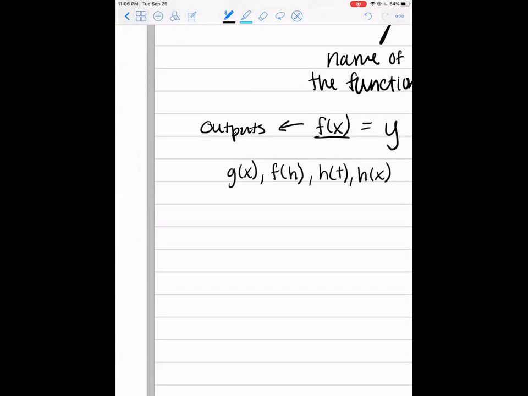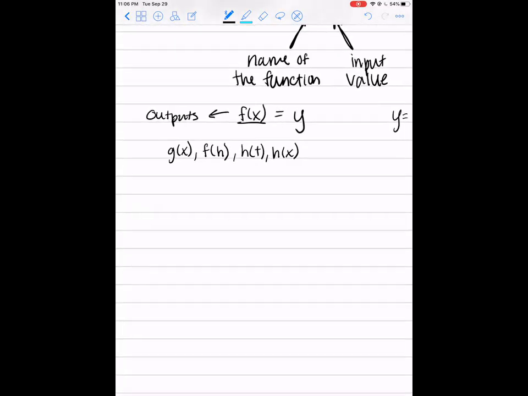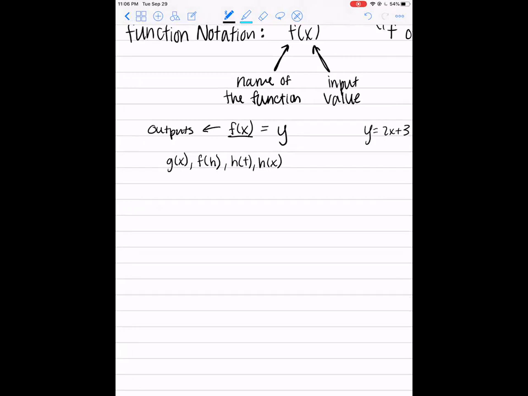So, if we think about functions as a machine, we have an input, and that goes into a machine. This would be our function. And once it goes through that function of that machine, we get an output.